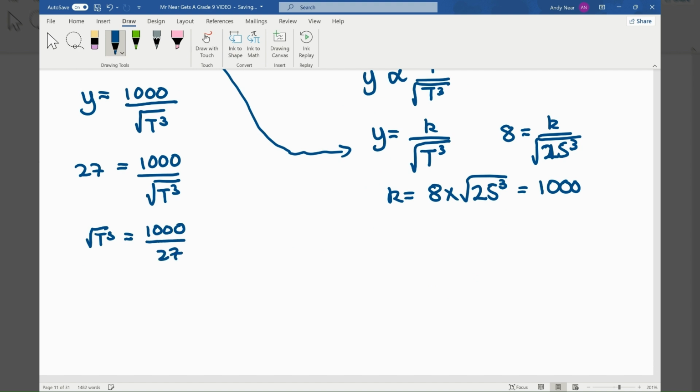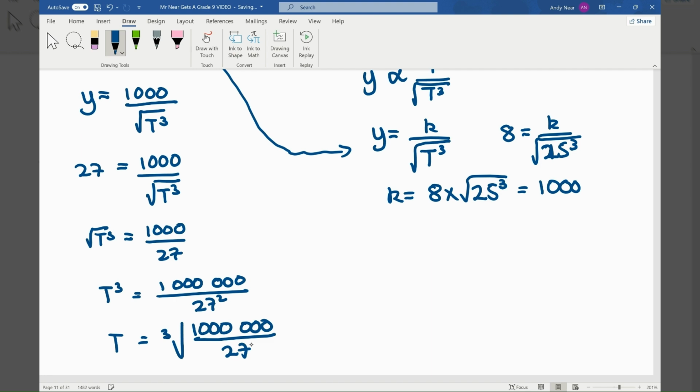Now if I square both sides, I will get t squared is equal to 1,000 squared, which is 1,000,000, over 27 squared. And so t will be equal to the cube root of that, 1,000,000 over 27 squared. And your calculator will tell you that that's 100 over 9. And it does want it as an exact value, so don't write that as a decimal.